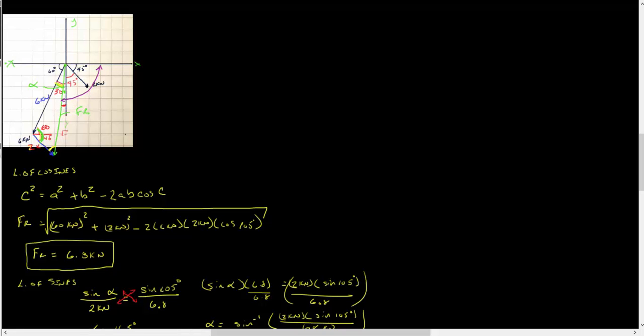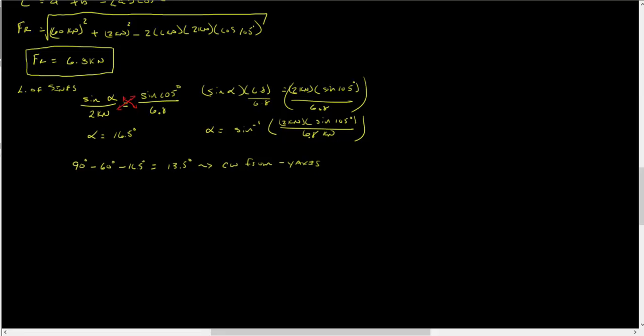We add that to 90, so we can call it theta is equal to 103.5 degrees clockwise from the positive x-axis. Now, if you were just asked for a numerical answer here, and it said from the positive x-axis, the actual answer would be negative 103.5 degrees.